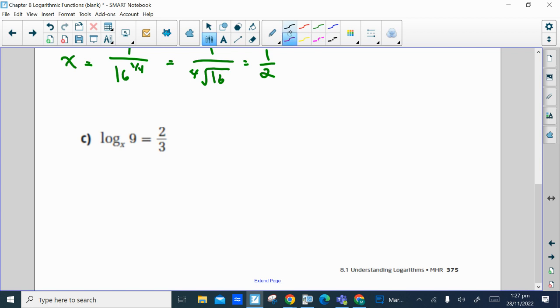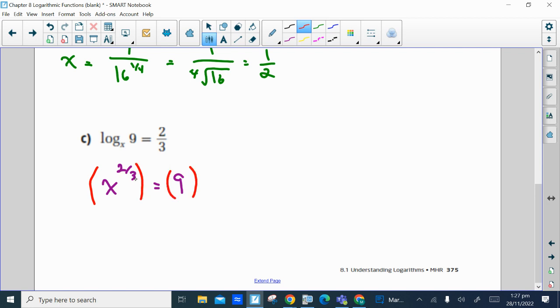And then for C, start with the base and cycle through. x to the 2/3 equals 9. So to do this one, I want to know what x to the 1 equals.